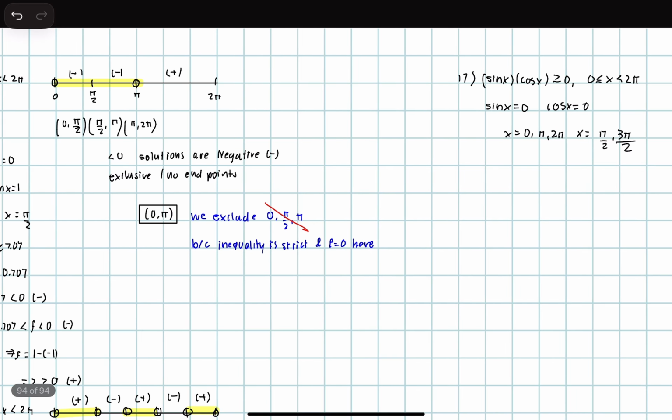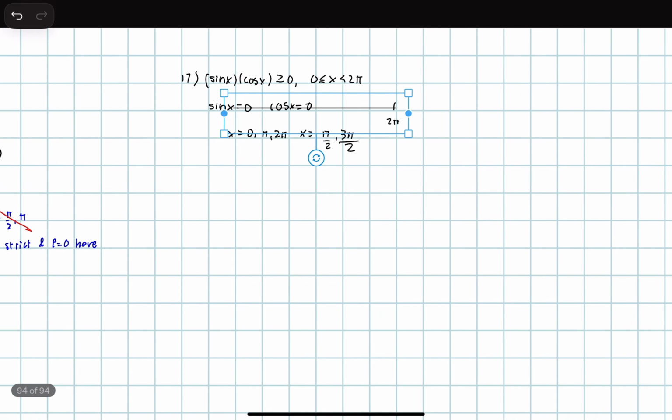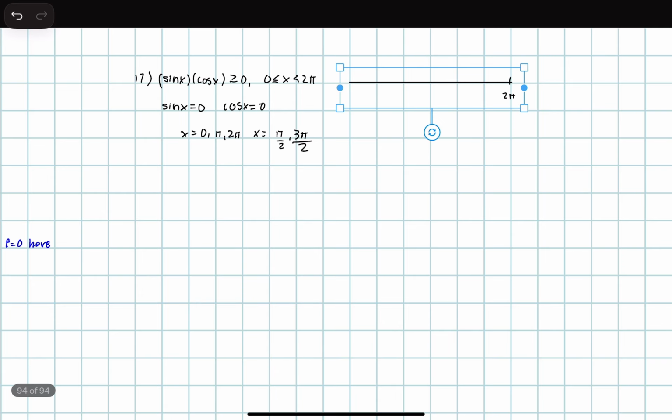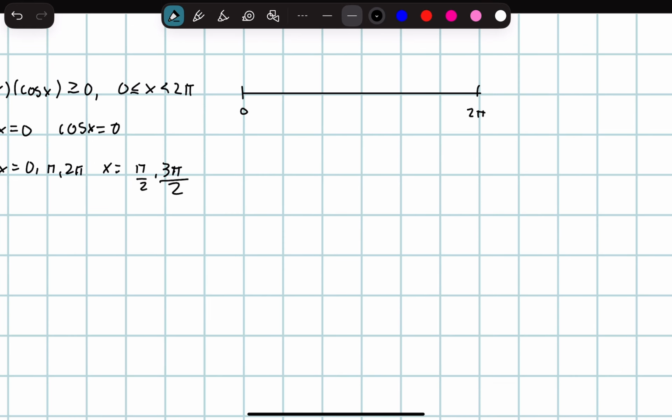Okay, oops, this is not what I meant to do. So we can copy over this chart. Now we can do 0. Okay, so now we can label these points. This is going to give us the intervals 0 to pi over 2, pi over 2 to pi, pi to 3 pi over 2, and 3 pi over 2 to 2 pi.